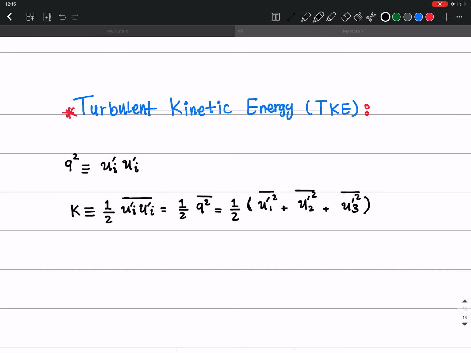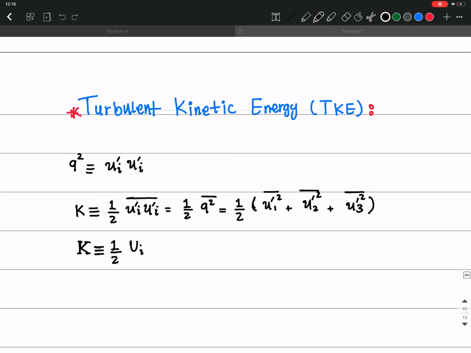We can also have the mean kinetic energy, which I'm going to define as capital K, and it is simply 1/2 of capital U i, the mean velocity, squared, which is 1/2 of U1 squared plus U2 squared plus U3 squared.